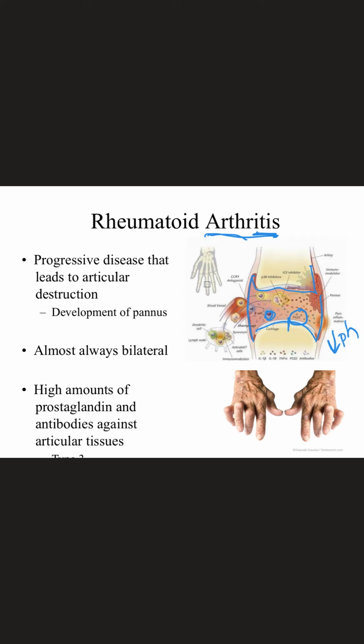So when you have this kind of constant immune system overactivation in the joint space, you get, imagine like acid being washed over the joints all of the time. You start to get destruction of the bones themselves and then inflammation of this articular tissue.